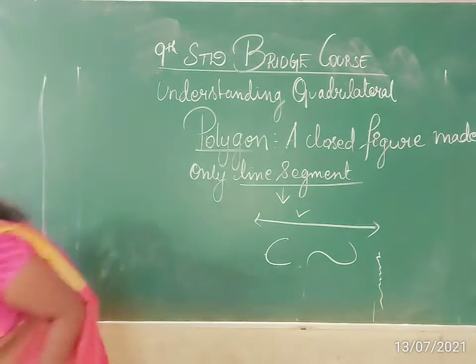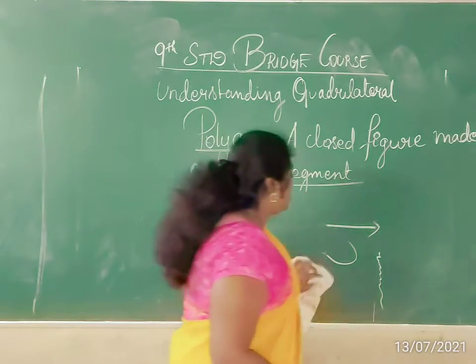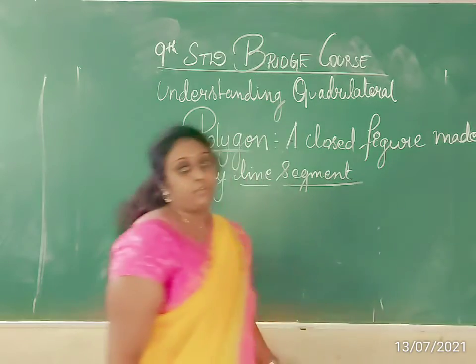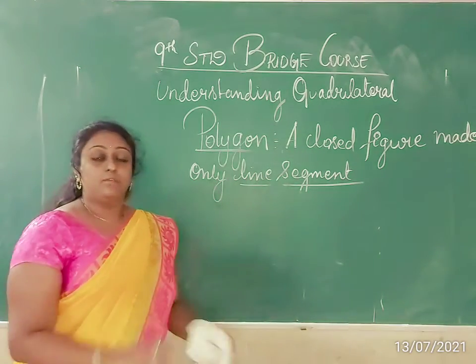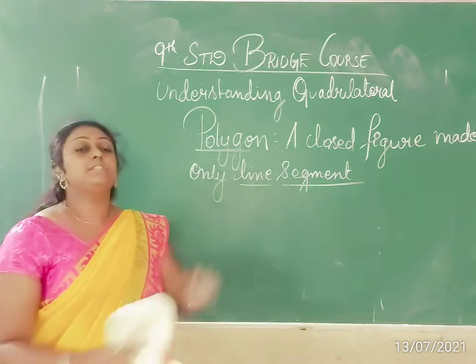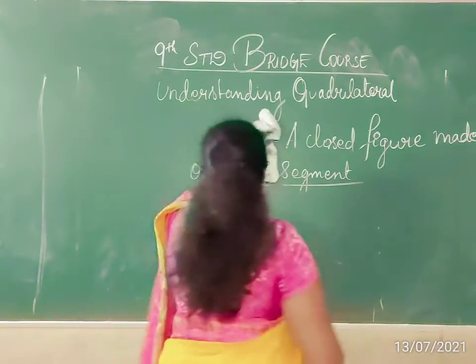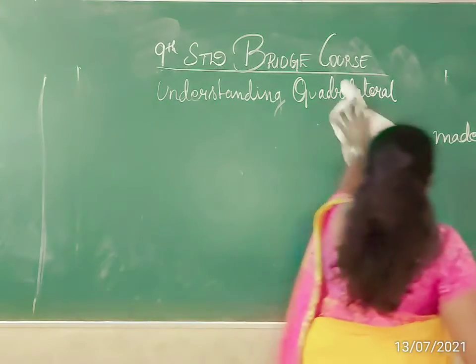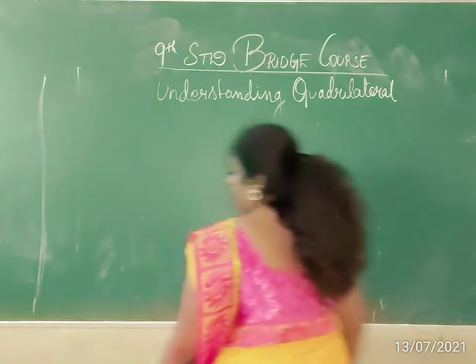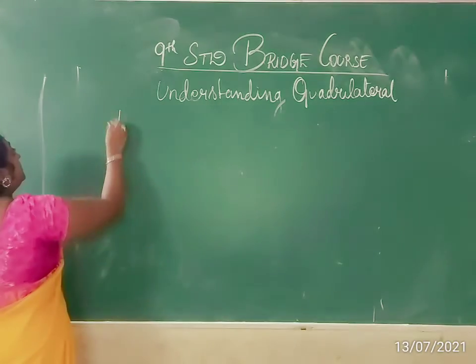Now let me tell the different types of polygon. There are a lot of different types of polygon. As of now, for you people, only those polygons which are important I will be teaching. Now, classification of types of polygon.